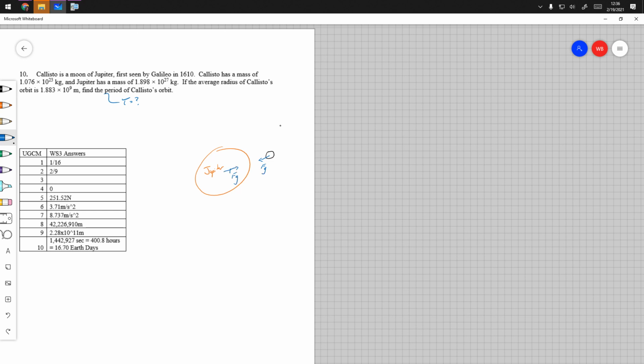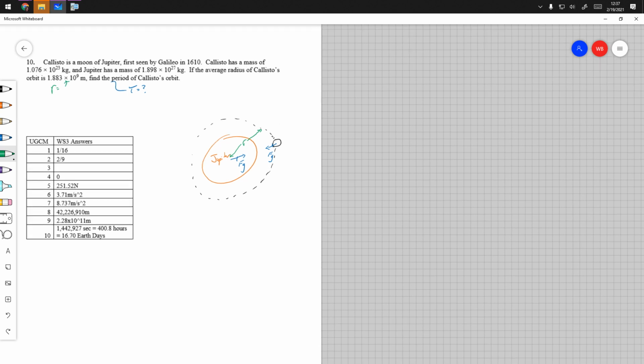These forces of gravity have to be exactly equal to one another. The law says that, and if we use this equation, that says that as well. There's some radius that exists here, from there to the center there, and we know that radius, which is that guy.